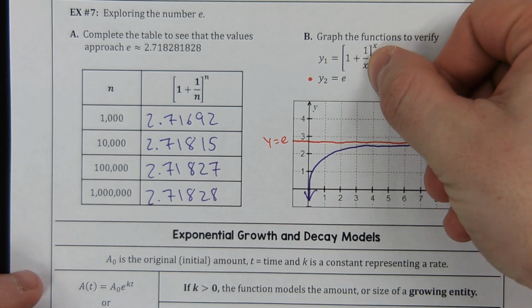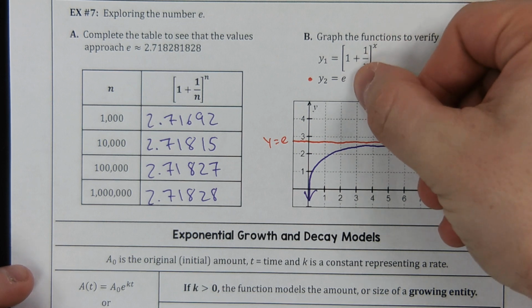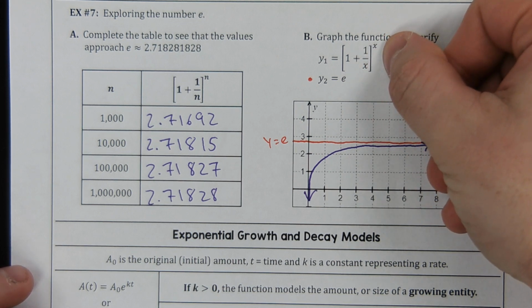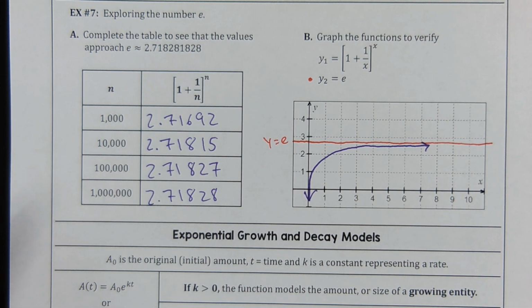It's negative 10. What's 1 plus negative 10? Negative 9. Negative 9 raised to the negative 0.1 is an even root of a negative number, which is imaginary. That's why, because you can't let the exponential base be negative.